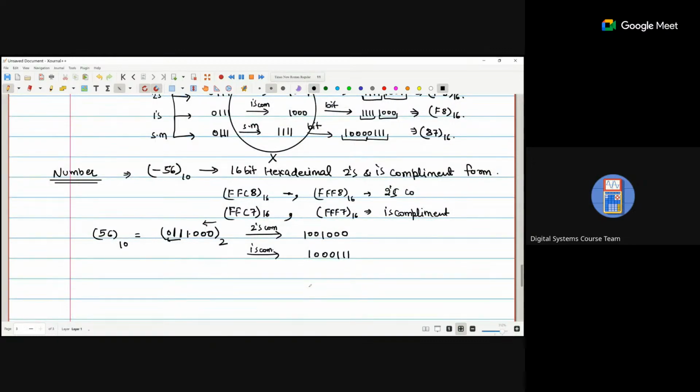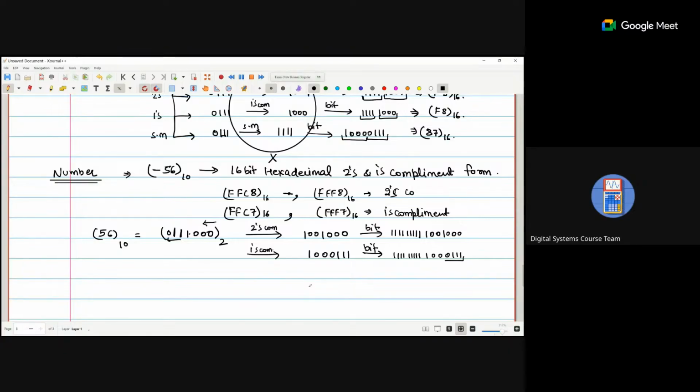Now we have a bit extension. We have 7 bits, so we require 9 more bits, then the remaining data. And 9 ones, and the remaining data follows.